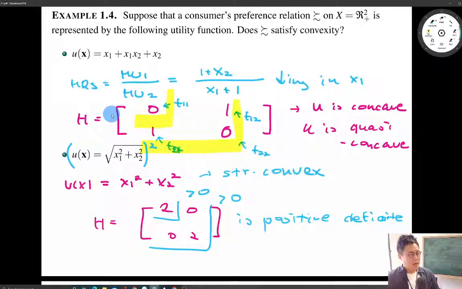For the second example, the utility function turns out to be strictly convex, so it is not quasi-concave, it is rather quasi-convex. So the preference relation captured by this utility function is not convex.